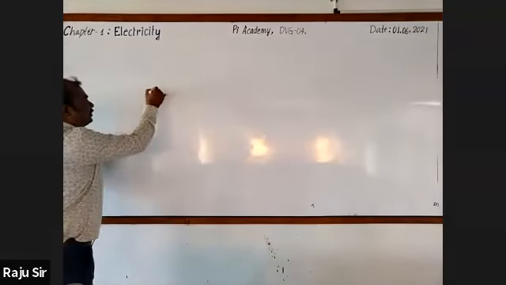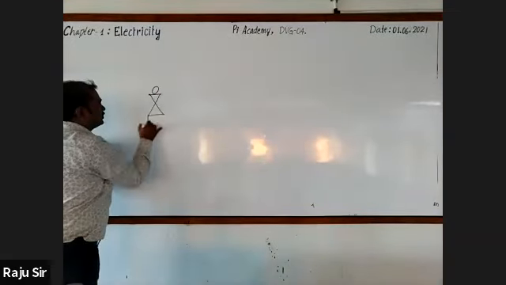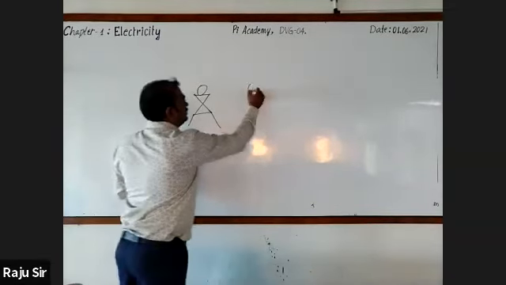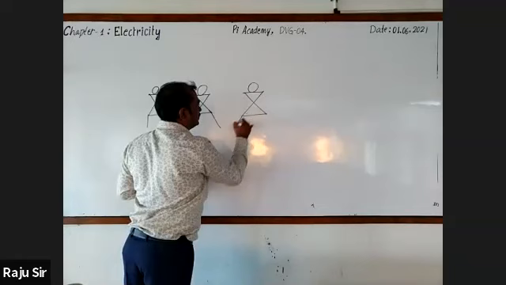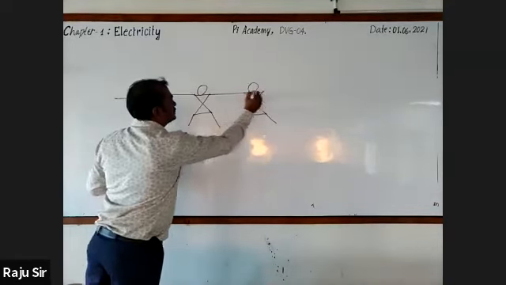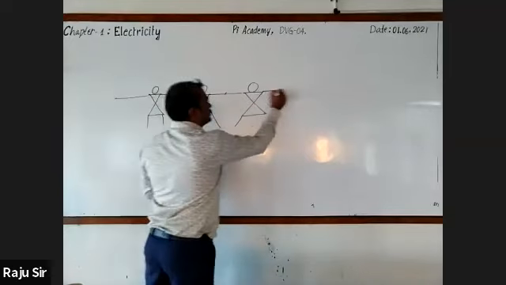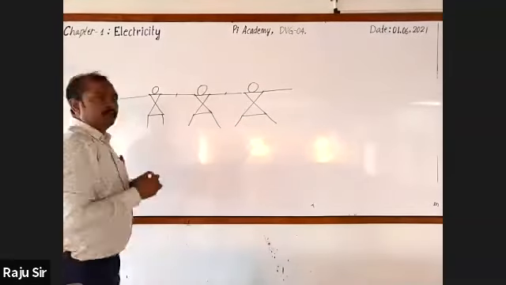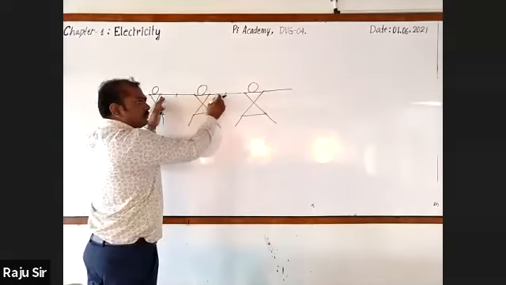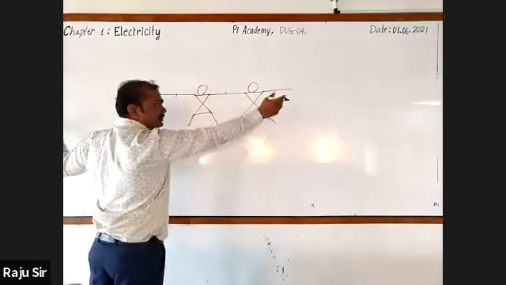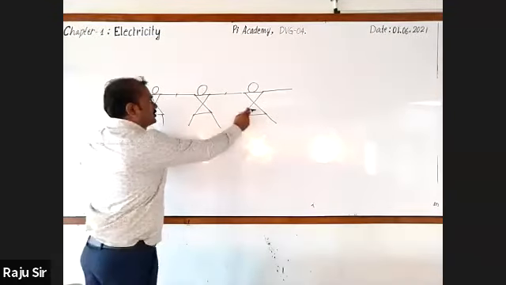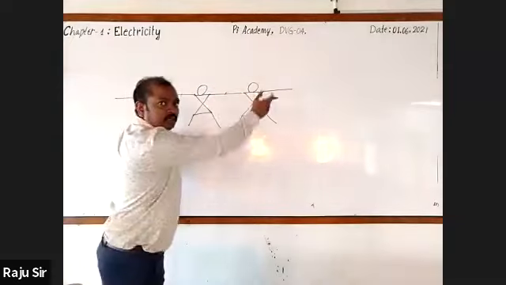Just observe the board. Here is one student, here second student, third student. Both are stretching their hands and they are holding also. When you come to this second student, he is holding the other two students on either side, right? So students are connected end to end.